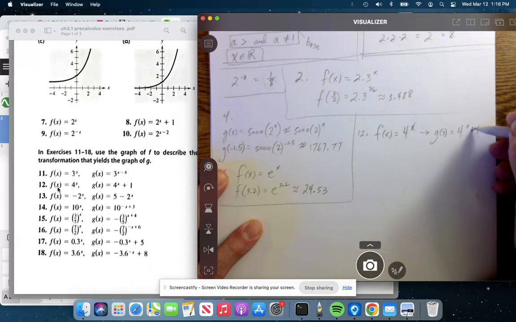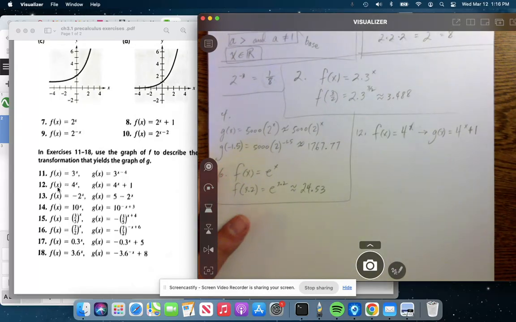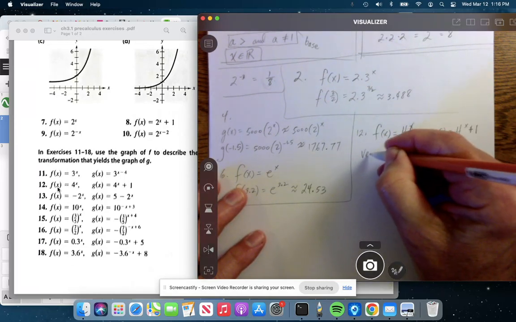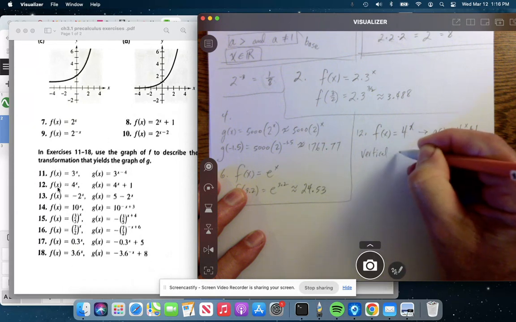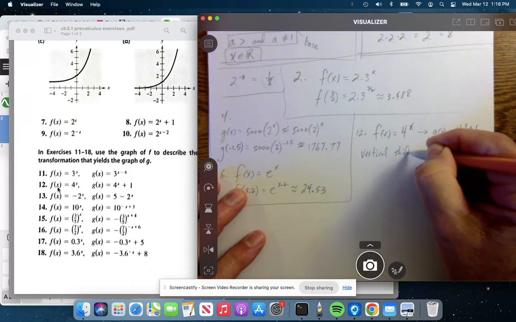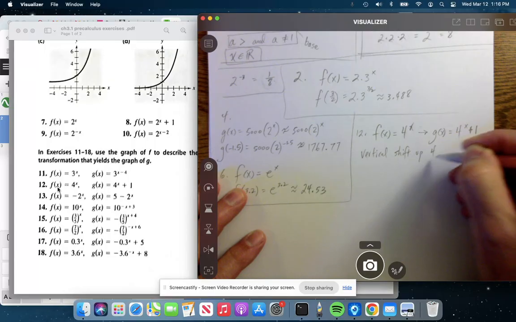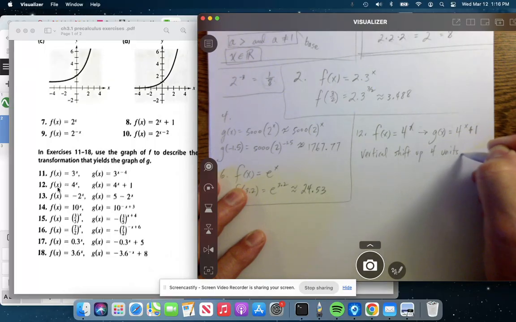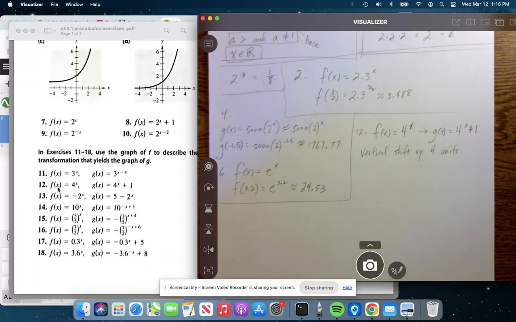Now, notice that's a big plus 1, which means you're adding 1 to the whole function, right? Not to the x, but to the function itself. So that is a shift up. So this is a vertical shift up 4 units. That's it. That's all you got to do.